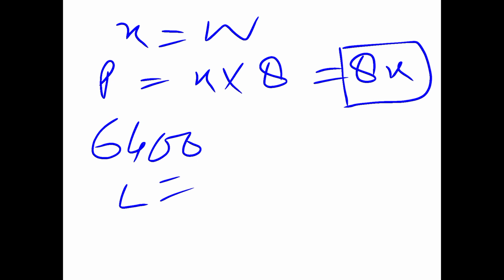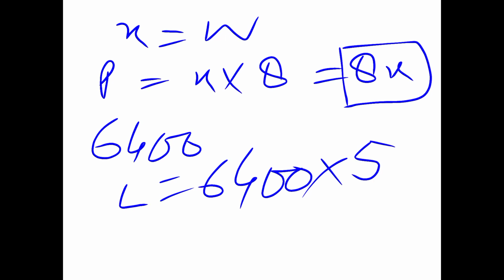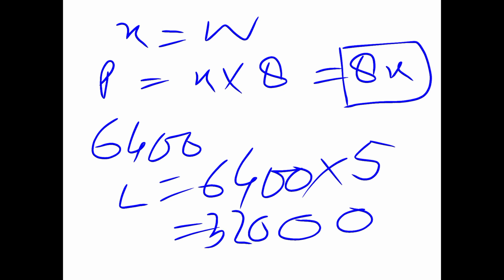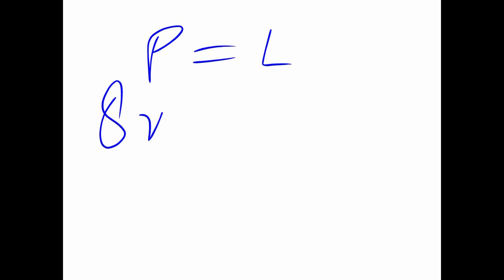Loss will be 6,400 into 5. So that is 5 zeros are 0, 0, 5 fours are 20, 5 sixes are 30, plus 2 is equal to 32,000. Now we know that profit is equal to loss. So 8X is equal to 32,000.